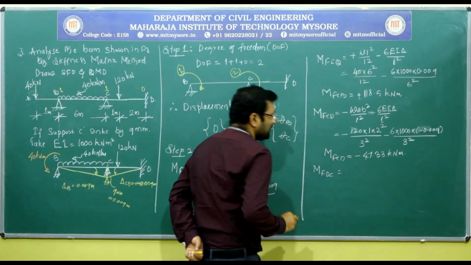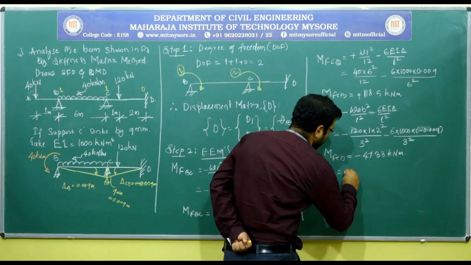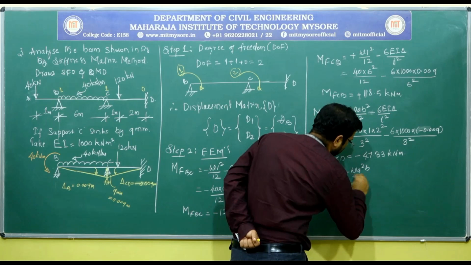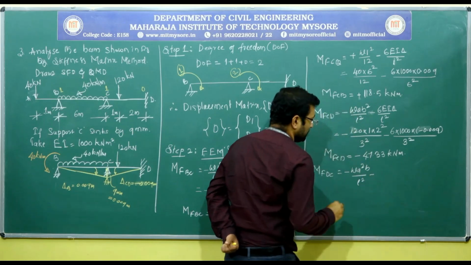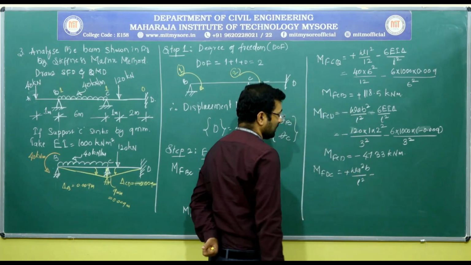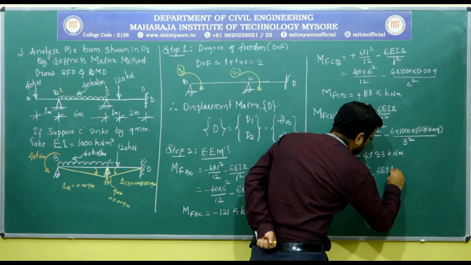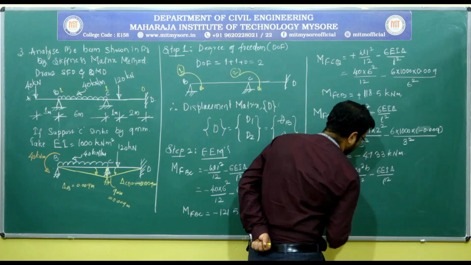MF DC is equal to plus WA square B by L square minus 6 EI delta by L square.